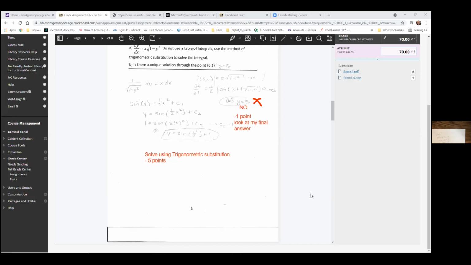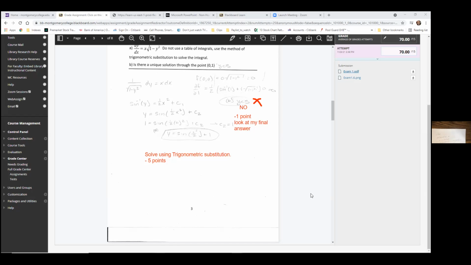So the correct solution to this problem is y is equal to the sine of 1/2 x squared plus c. So for some reason, you have y is equal to the sine of x squared plus 2 plus 1, right? These are definitely not the same. And then you didn't do the trig substitution.